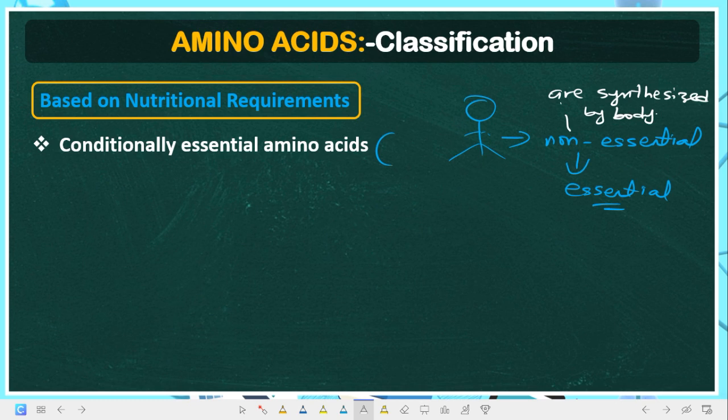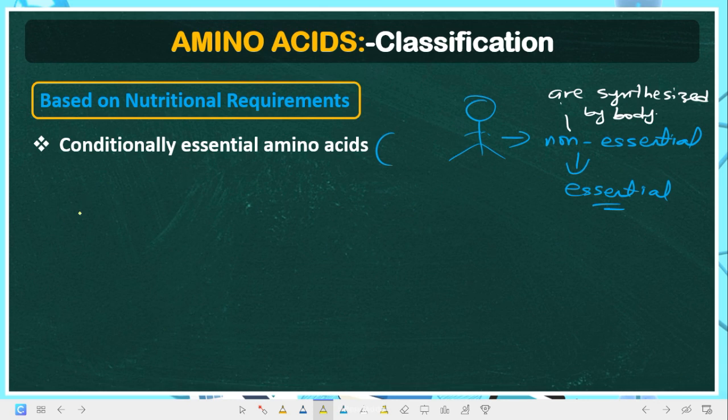So such amino acids that were initially non-essential but become essential due to the inability of the body to synthesize them are said to be the conditionally essential amino acids.